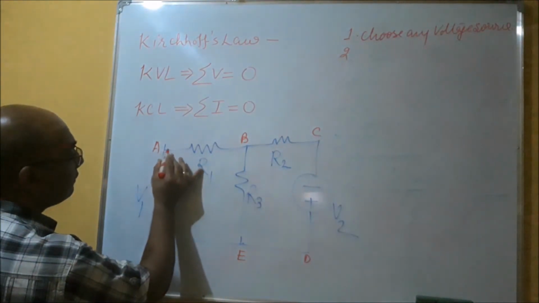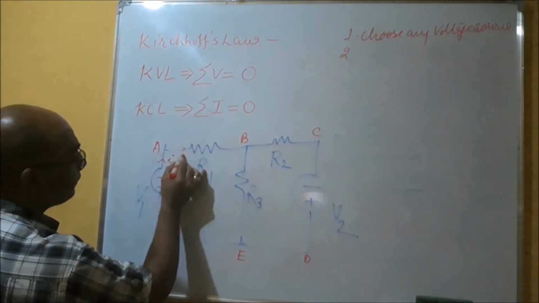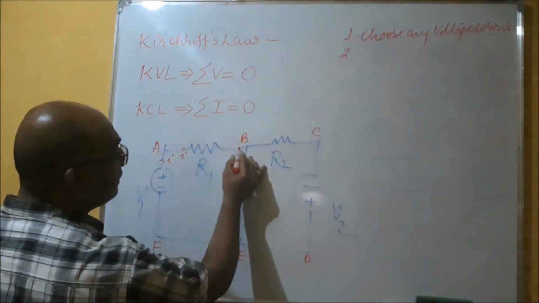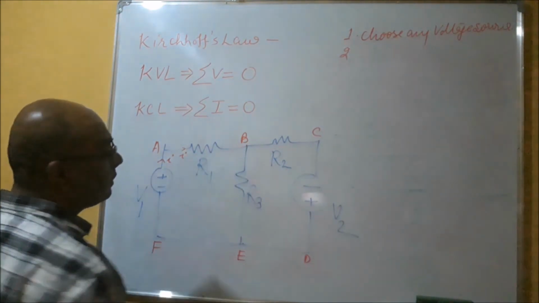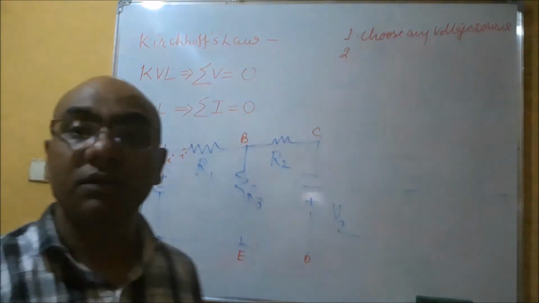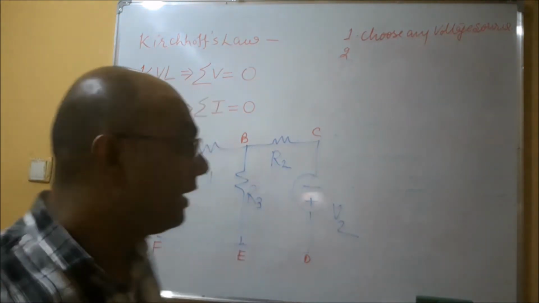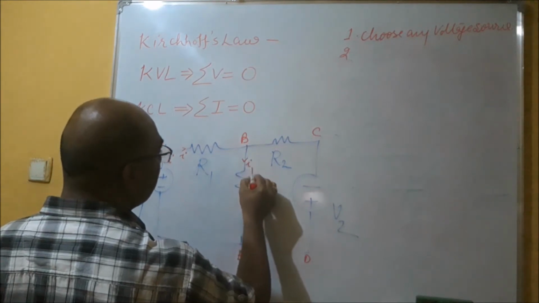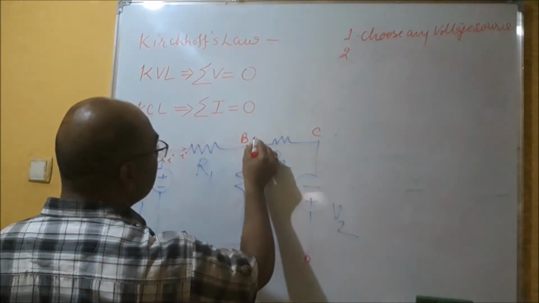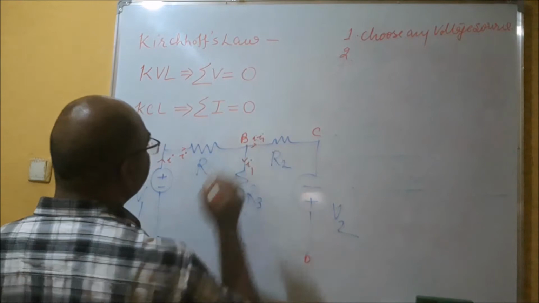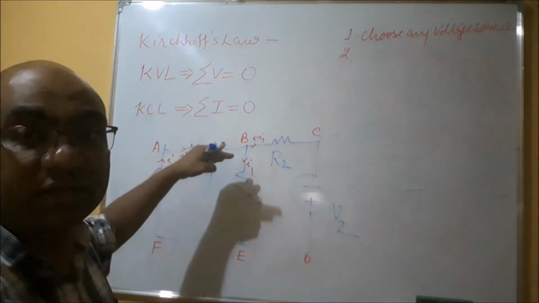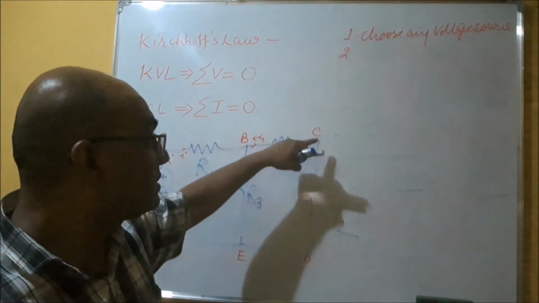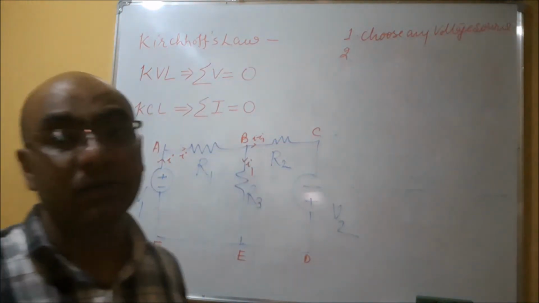The same current will come here, I. When the same current comes to this point, it will divert. Suppose I1 is going here, so naturally I minus I1 will go there, because the total current is I, and if I1 is going here, then I minus I1 will go here.